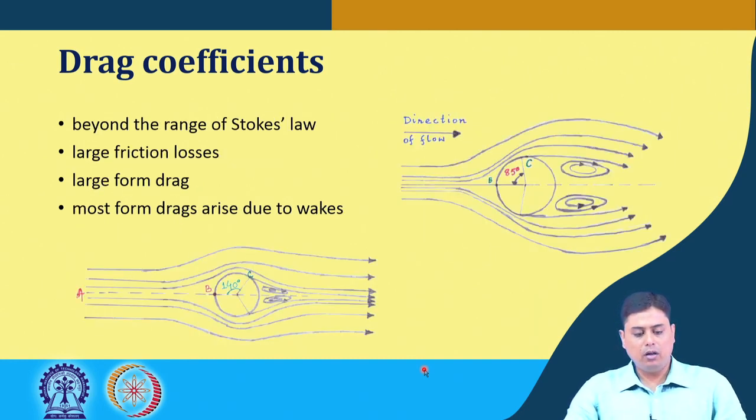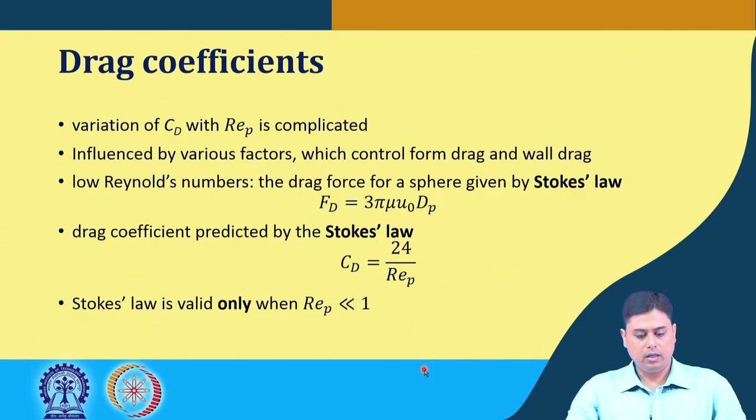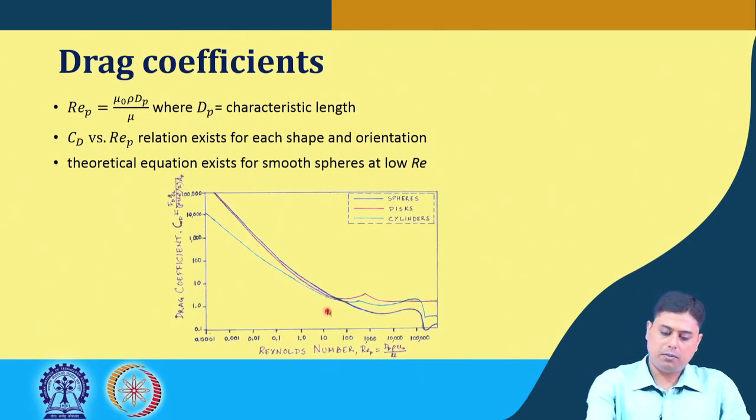Now, what happens beyond the range of Stokes law, beyond the value I have shown here, particularly when it is well above the range of 10? You can see how complicated this relation becomes, even for well defined shapes of particles, that is sphere, disc, or cylinders.